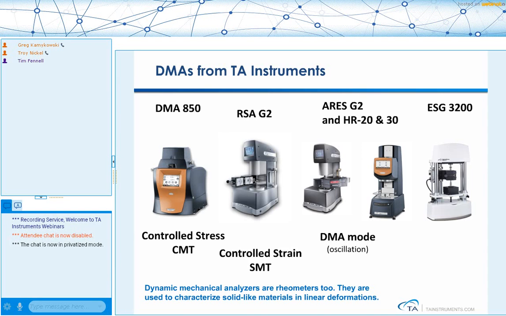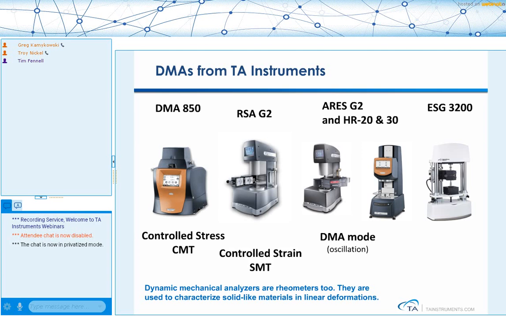We also have dynamic linear capabilities on the Aries G2 and the HR rheometers. And we have a line of instruments from our ESG group, and the 3200 is capable of doing dynamic mechanical analysis as well.